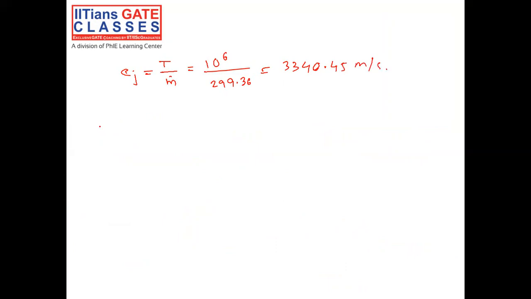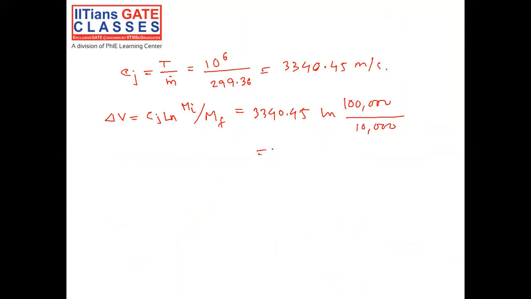The increase in the velocity due to burnout is given by this formula. So by substituting the values, we get delta V, which will come to something around this.